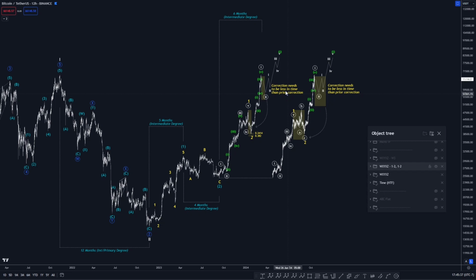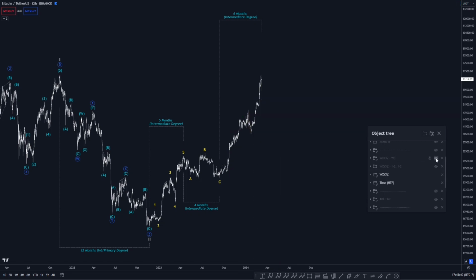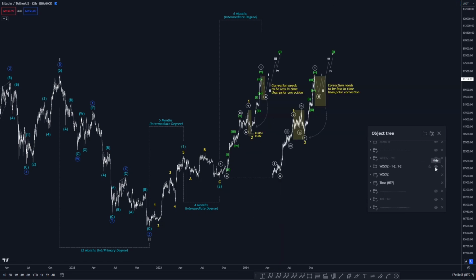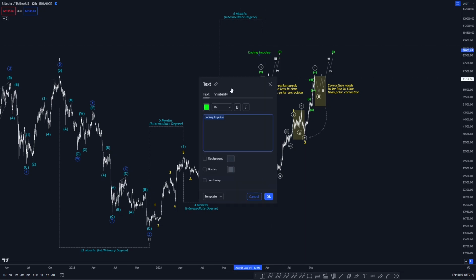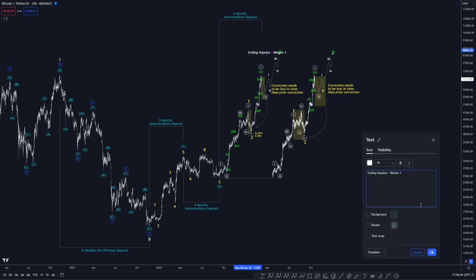Now, even though these counts differ right here, this one and this one, we can still use wave degree confluence. Why? Because right here is an ending impulse, either for a minute 1, which is shown right now, right here, or a minor 3.